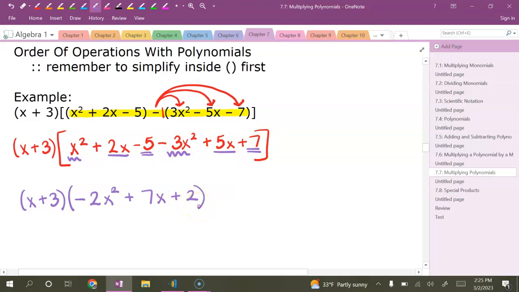Now we're back to what we saw at the beginning of this section. You can either use the distributive property or you can use your box method to finish this one off.